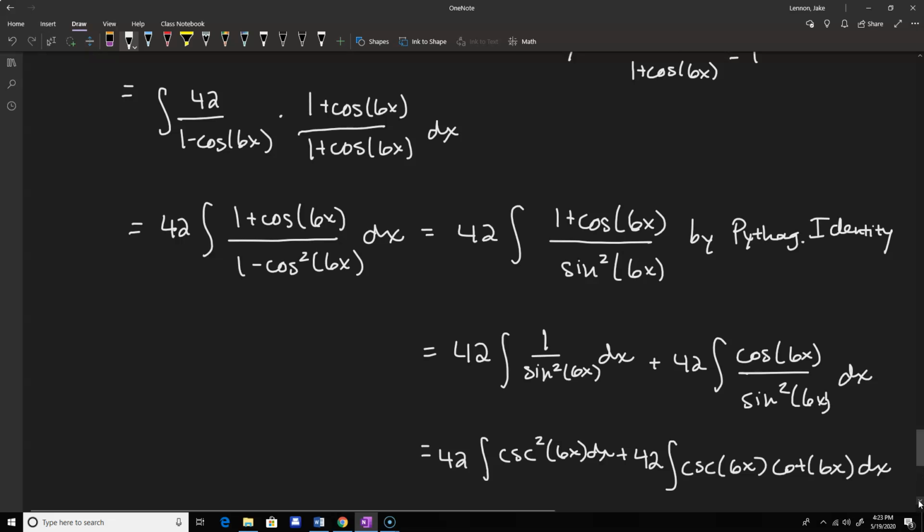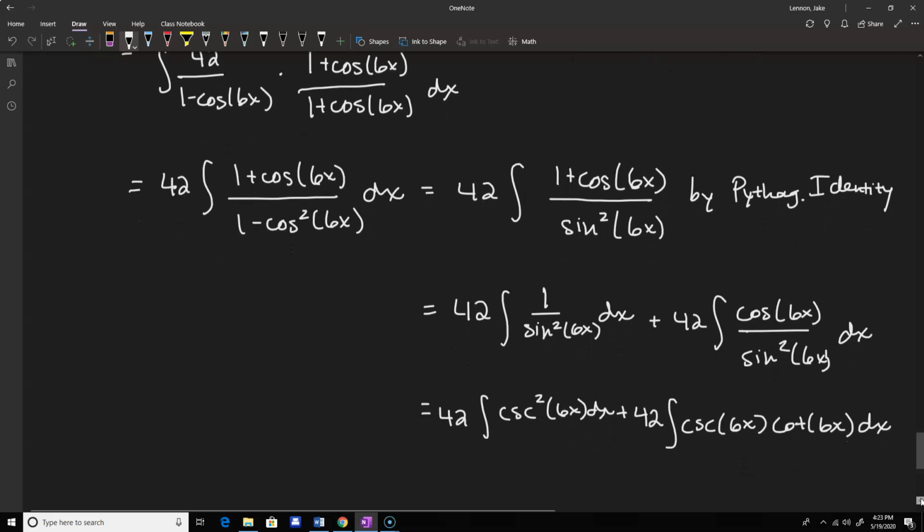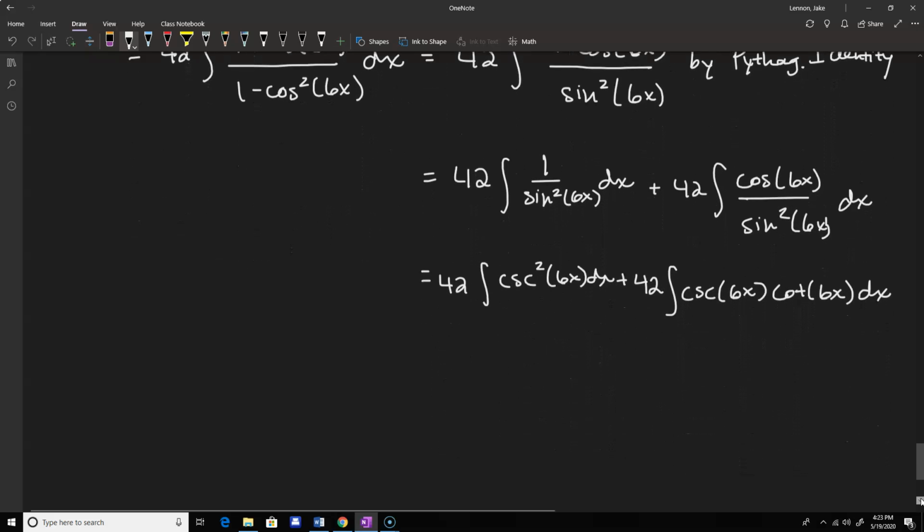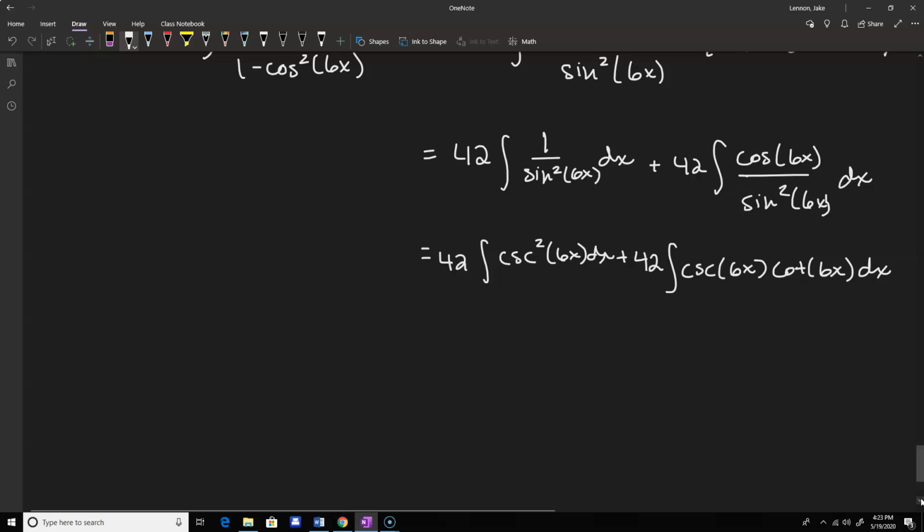And again, we have some basic integration formulas for those above. We know the antiderivative. So again, both of these are going to have a little u substitution in them because we want to let u be 6x. So we can do that with both integrals. So let u equal 6x.